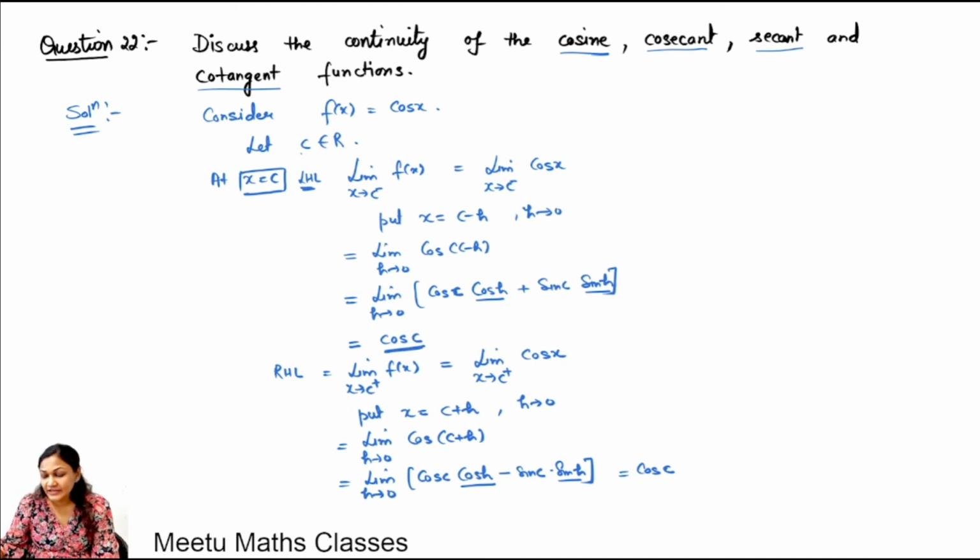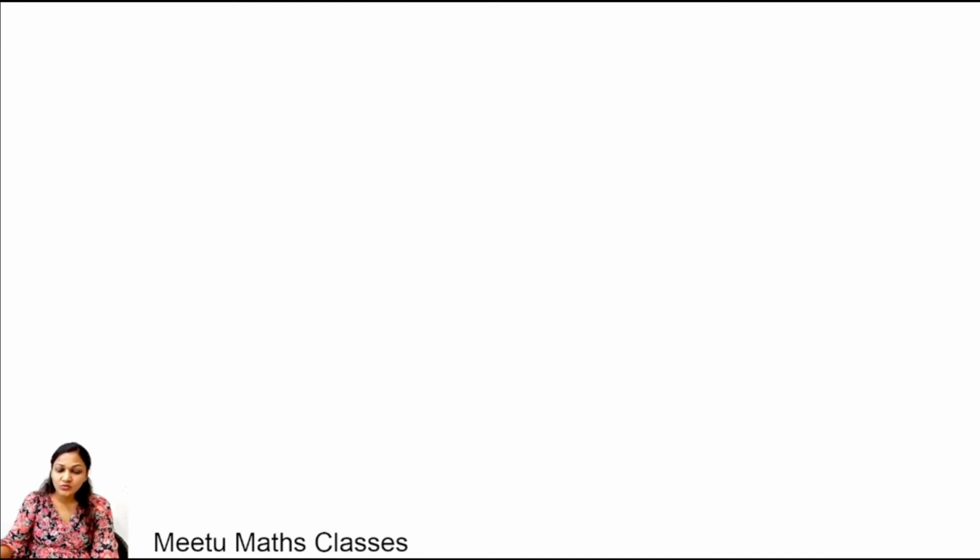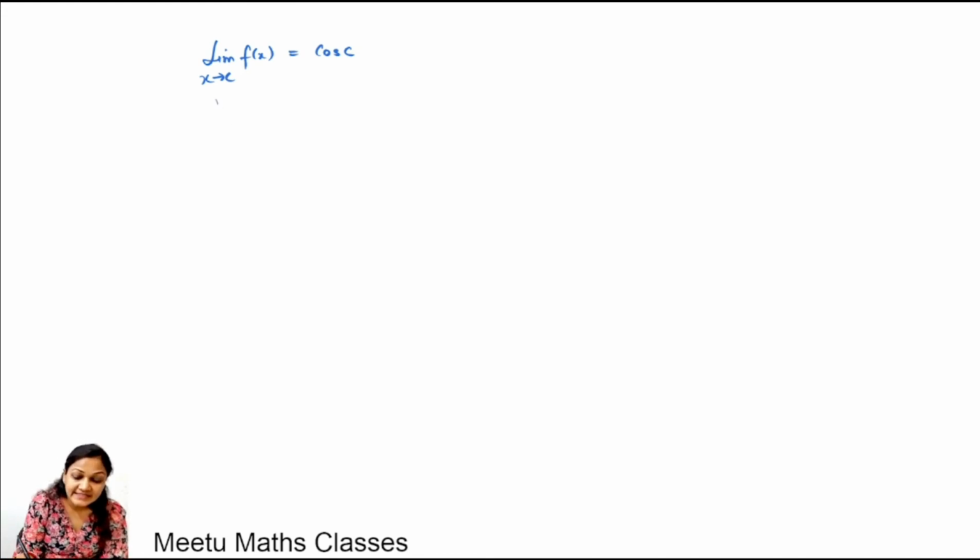Since the left hand limit and right hand limit are equal, the limiting value of your function as x tends to c is cos c. The exact value at c will also be cos c.